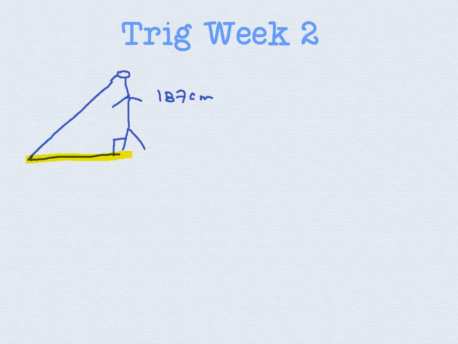The angle of elevation again is always put on the bottom corner of your triangle between the horizontal, which is the yellow line, and the line of sight from where you're looking up to the top of the object. So 61 degrees is going to go here. With respect to 61, the 187 is the opposite side, and the distance we're required to find, x, is the adjacent side. The length of the shadow.